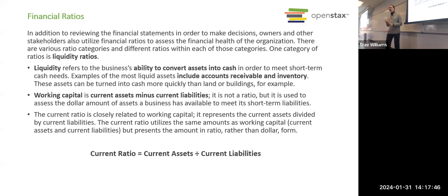So investors and others like ratios because they simplify all that complicated information down to something pretty simple. Right? So we'll learn two ratios now that relate to liquidity. We'll learn working capital, and we will learn the current ratio.